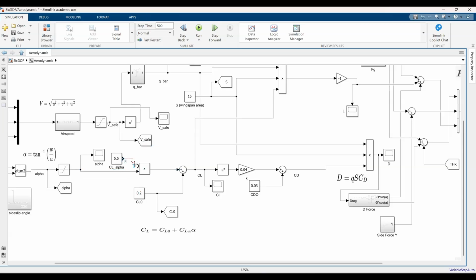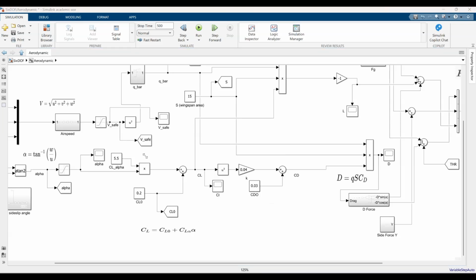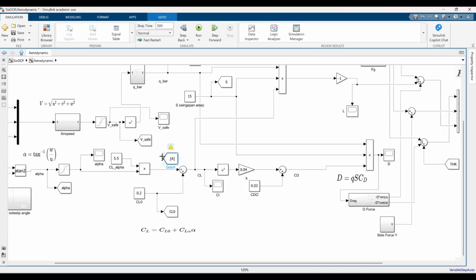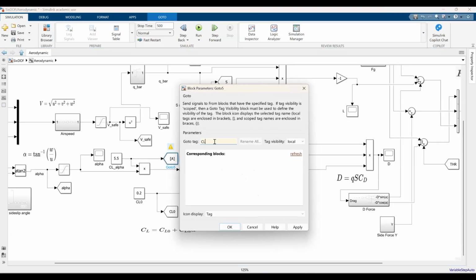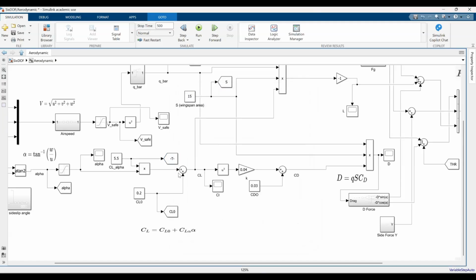Okay, and then CL alpha goes there, and now I can use another go to block to capture my CL alpha from that signal. Okay, let's call that CL alpha, tag visibility global. Make sure to always make your tag visibility global for these transferable parameters. If not, then you will see error messages. It will not migrate from one subsystem to another subsystem.